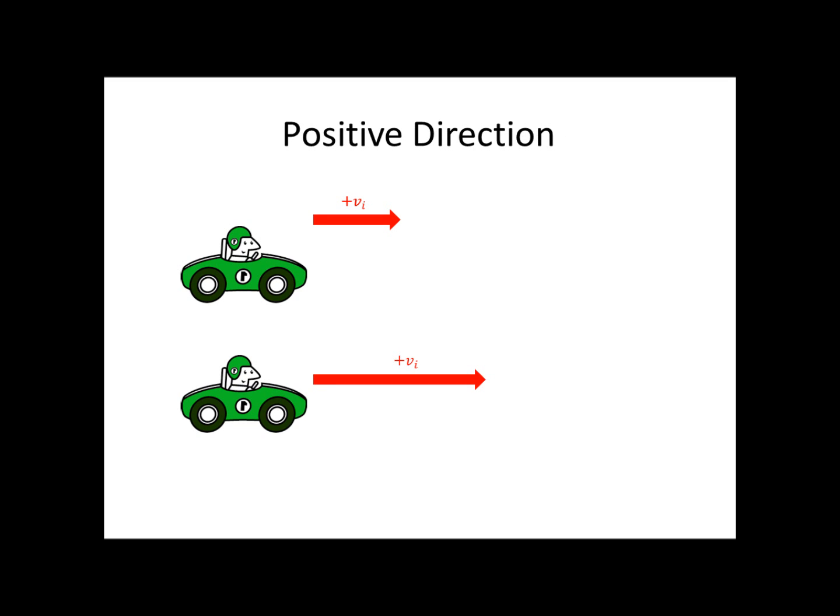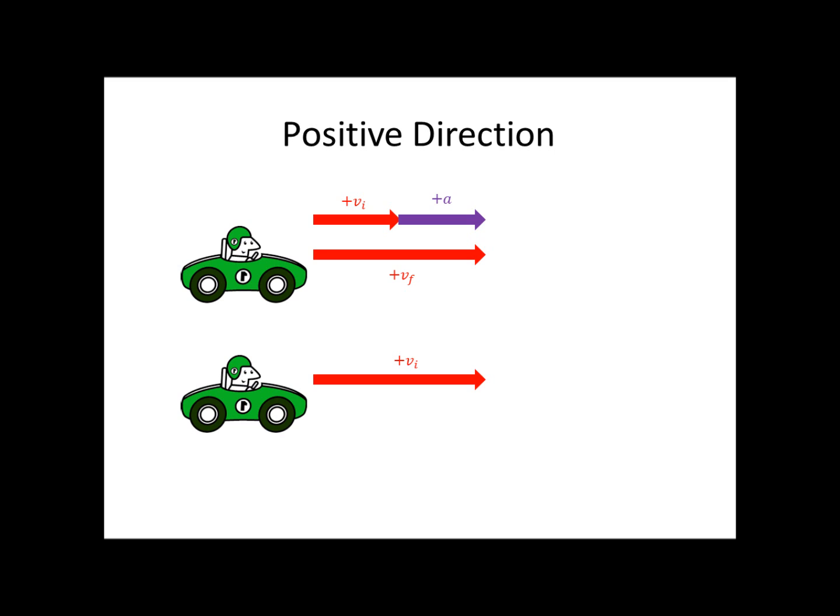We have two race cars, both traveling in a positive direction. The car on the top starts with a small initial velocity. The car on the bottom is starting with a larger initial velocity. If we apply a positive acceleration, that is that it also points to the right, that's going to increase the top car's velocity.